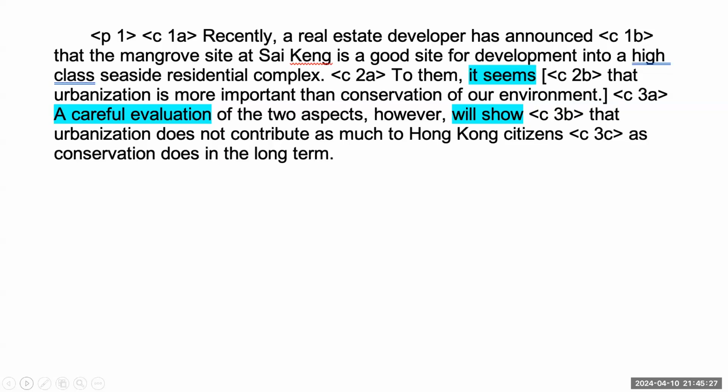And so we see, again, kind of hedging, it seems, not saying it outright, a careful evaluation. So you're giving yourself some kind of authority here. It's a careful evaluation, and we'll show. You'll notice that both texts use that verb, show, because the evidence is meant to show something favorable.